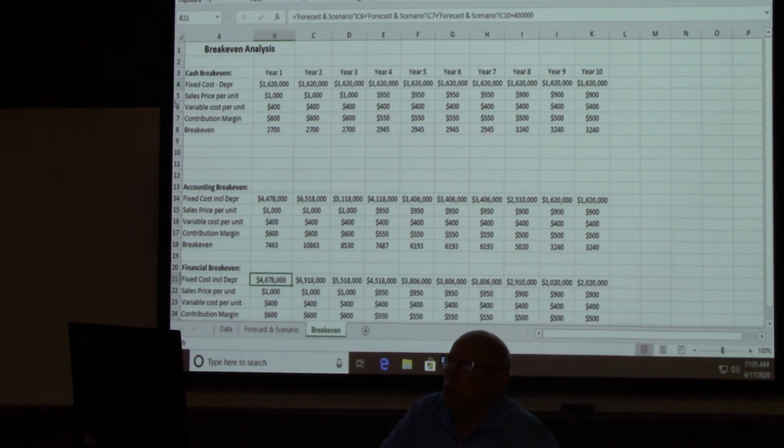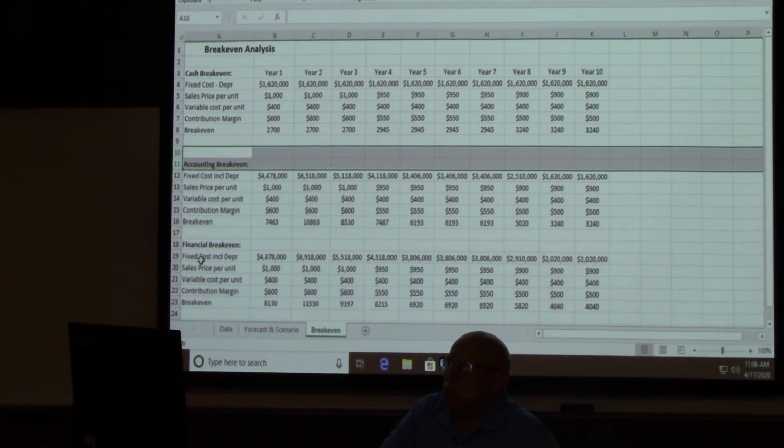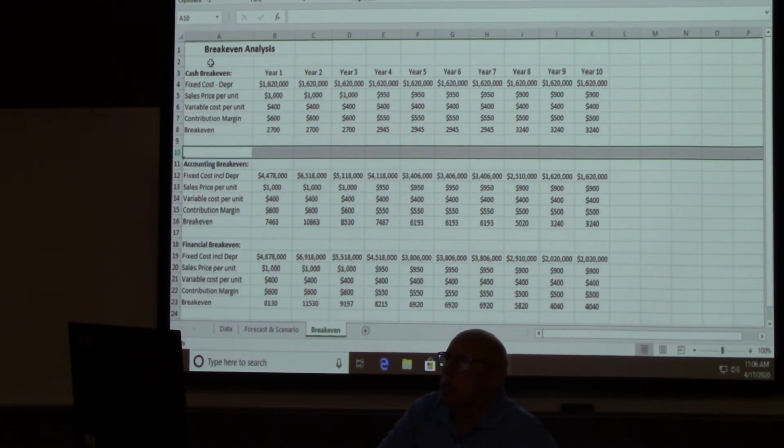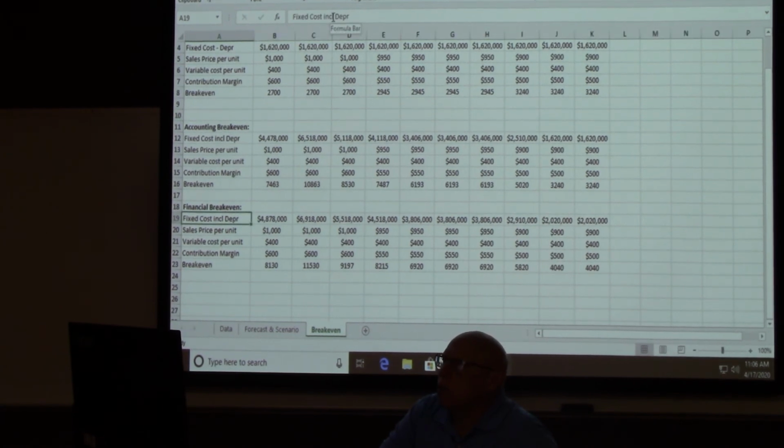So with accounting, let's delete these, clean this up a little bit, maybe leave 2 rows in between. So fixed cost minus depreciation for cash break-even, fixed cost plus depreciation for accounting break-even, fixed cost plus depreciation plus interest here.